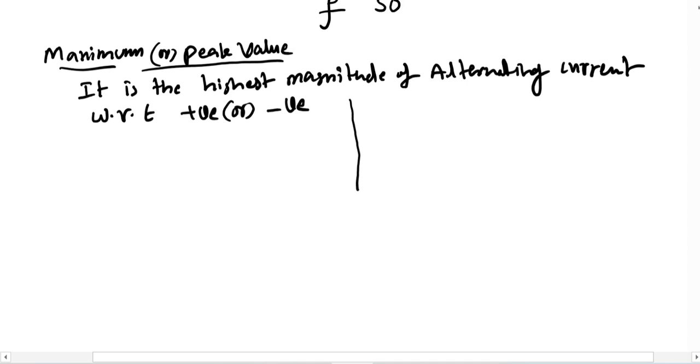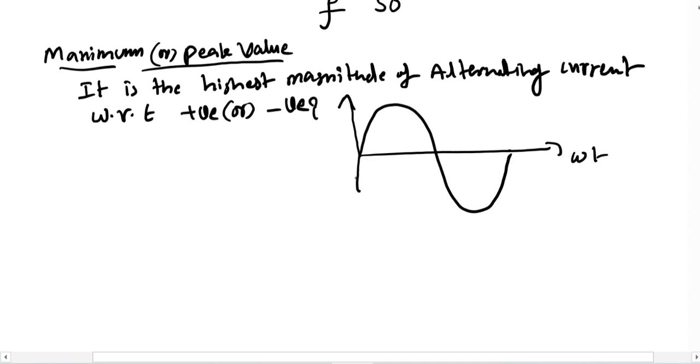Suppose we have a waveform something like this, I versus omega t. So this is my waveform, isn't it? What is the highest magnitude for this waveform? This is my highest magnitude in the positive cycle, and this is the highest magnitude in the negative cycle.